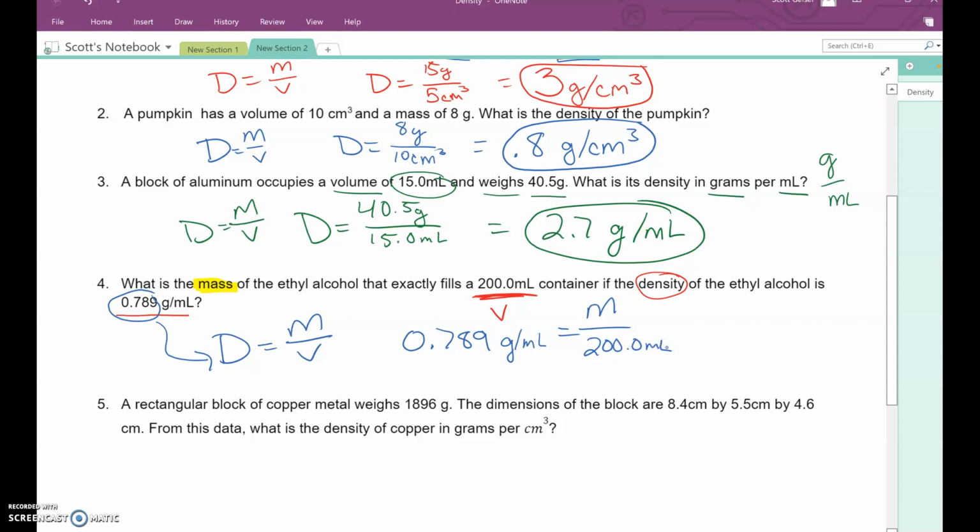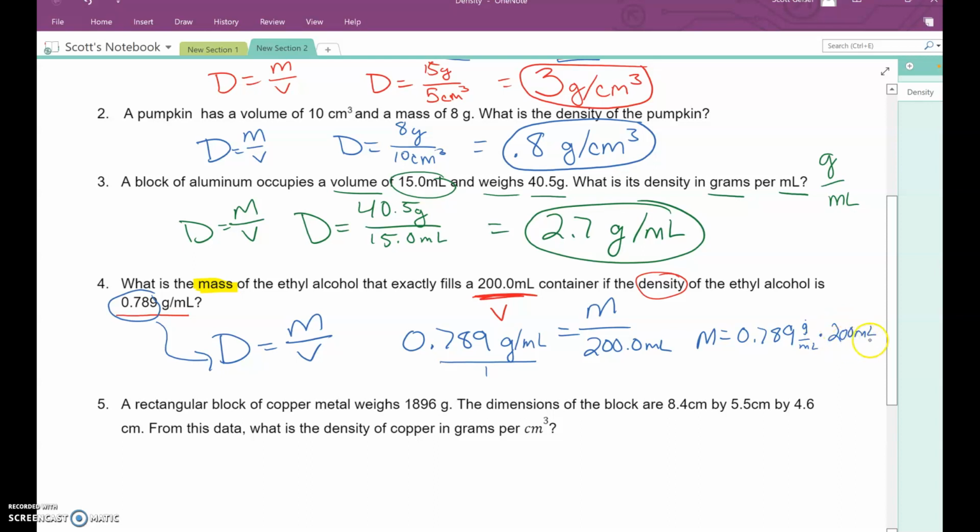Now from here, I could do something that we've always known and loved: cross multiply. So when I do this, I have M equals 1 times M is M. Then I'm going to multiply 0.789 grams over milliliters times 200 milliliters.